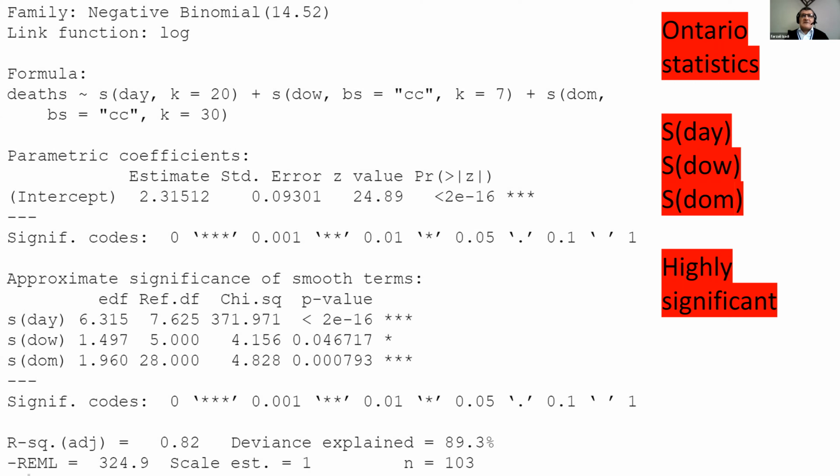Day of month and day of week and day of month for Ontario: highly significant intercept, day and day of month, and day of week significant at the level of 0.05. And the adjusted R squared is also 82%.